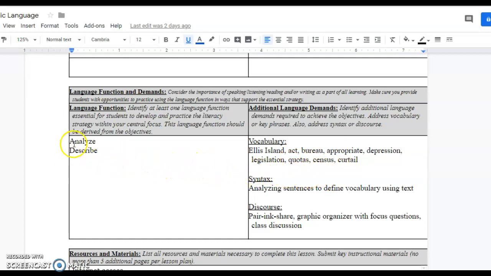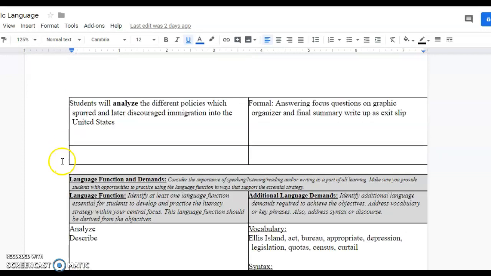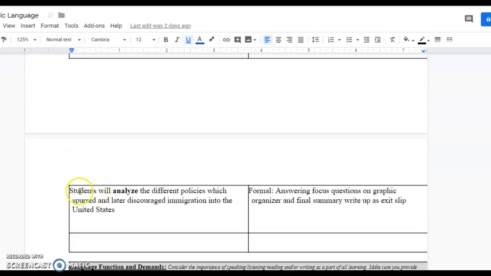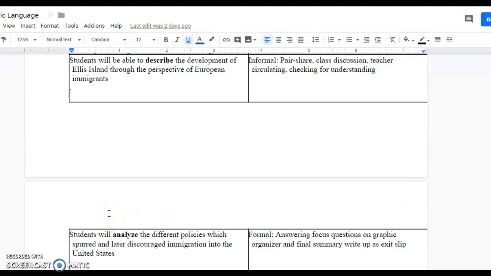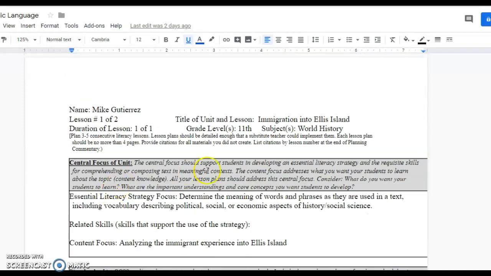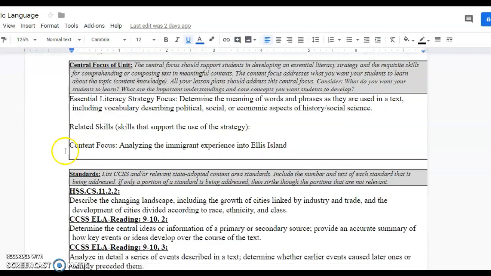And here are our language functions where students are expected to describe and analyze things which are reflected here. So students will analyze the different policies which spurred and later discouraged immigration into the United States. So my lesson plan would be focusing on immigration into Ellis Island.